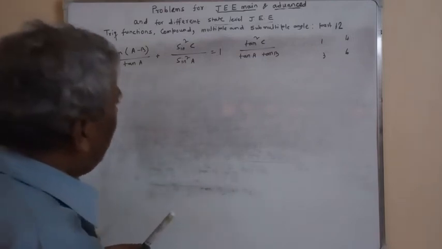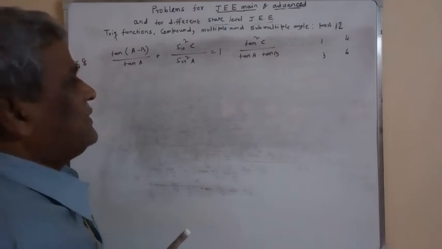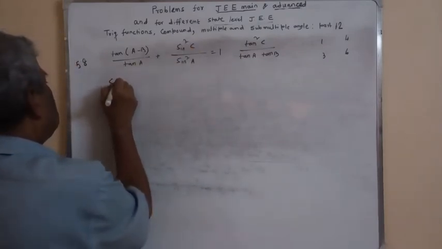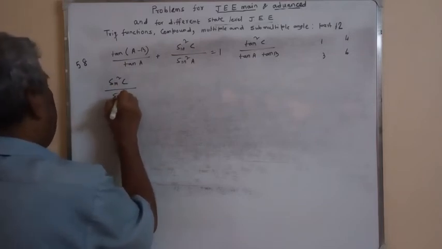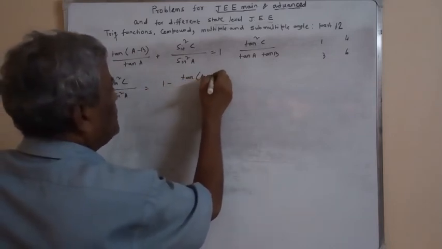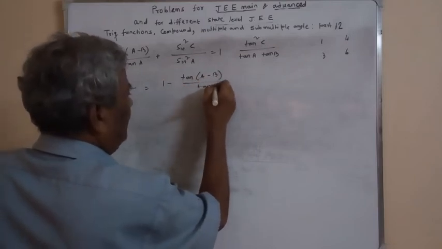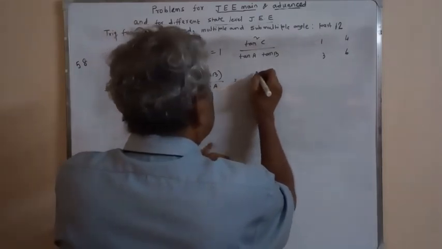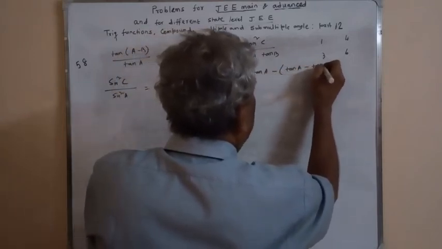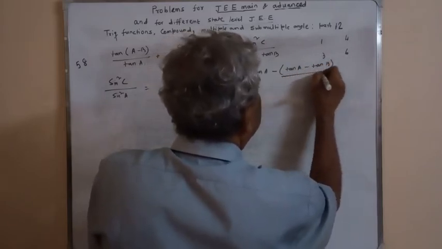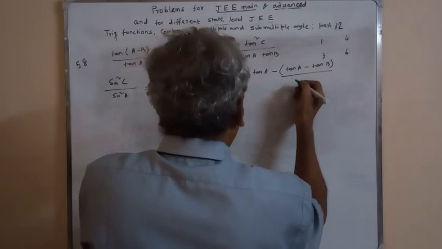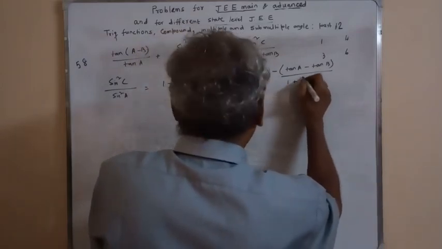From here, I try to find the value of tan square C. For that purpose, sine square C by sine square A is equal to 1 minus tan(A minus B) by tan A. It is equal to tan A minus (tan A minus tan B) by 1 plus tan A tan B.